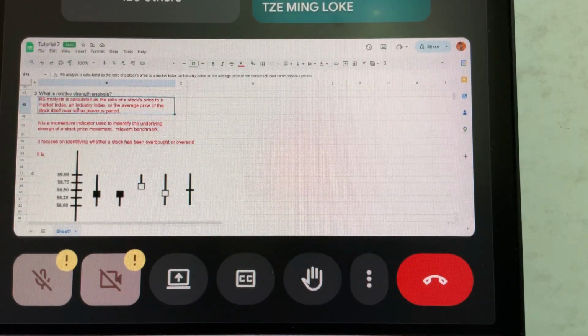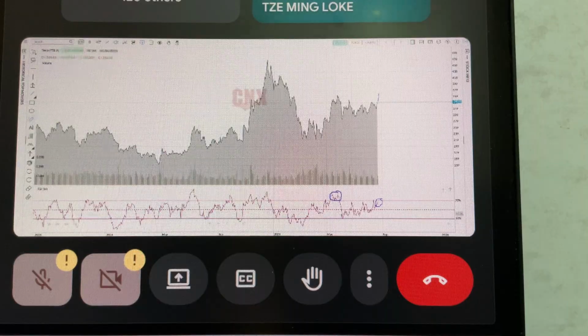So if you can see, relative strength analysis is calculated as the ratio of a stock's price to a market index or industry or the average price. What I did just now: how did they get the RSI chart here? How does the software draw this?